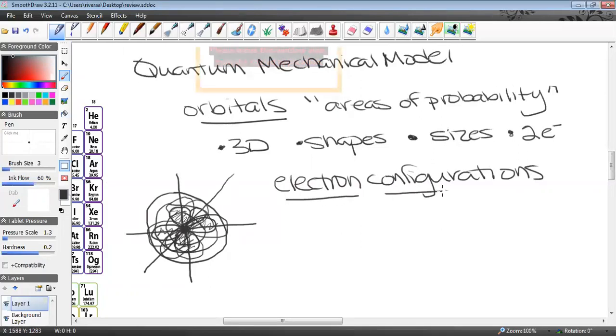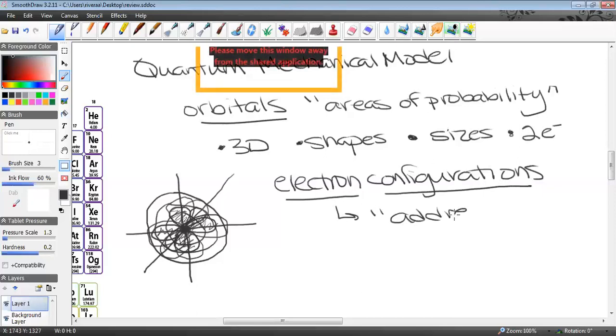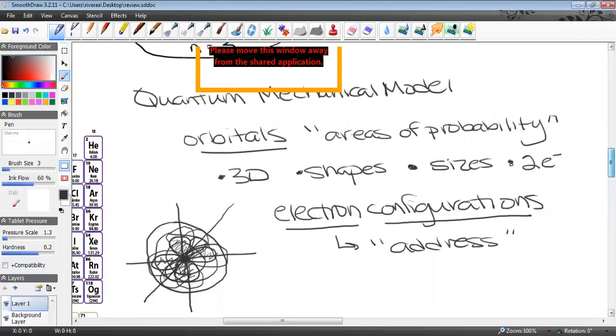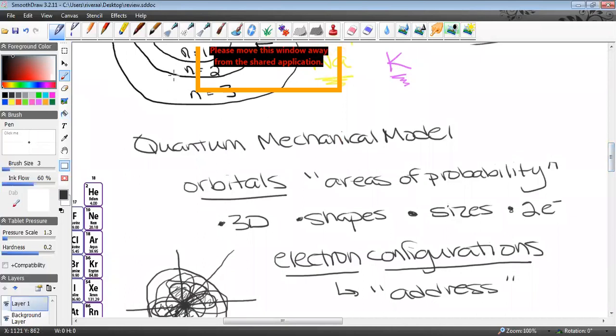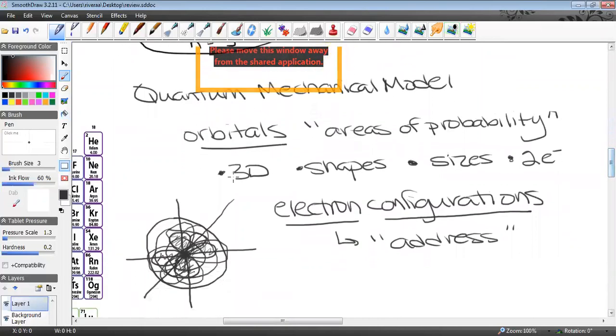Remember, this is like an address that says where all of the electrons in the atom are. Okay, so instead of this nice easy Bohr model where I just say, oh, the electrons are in the N2 or the electrons are in the N3, now my address is getting a lot more complicated, okay? Because we have to address the shapes and the sizes of these areas.